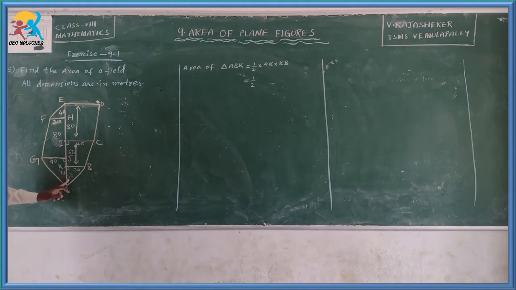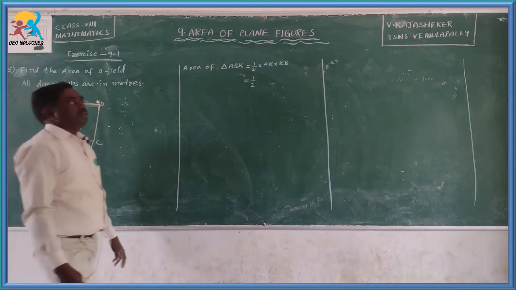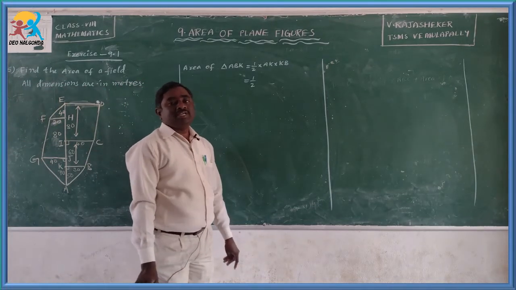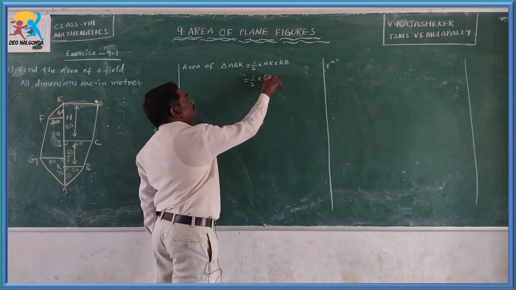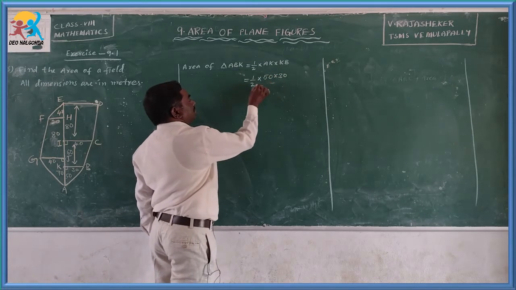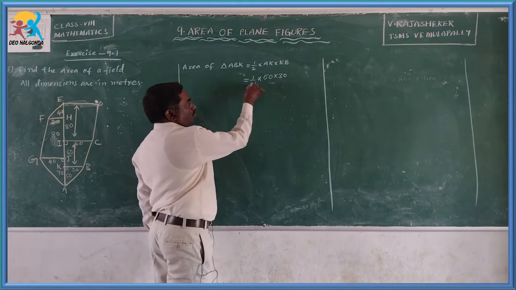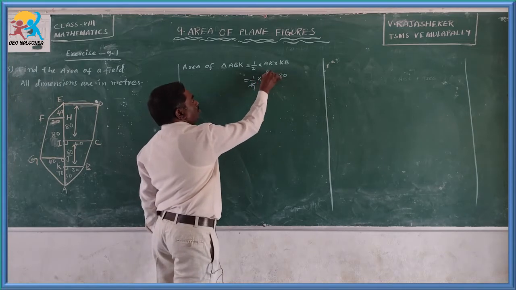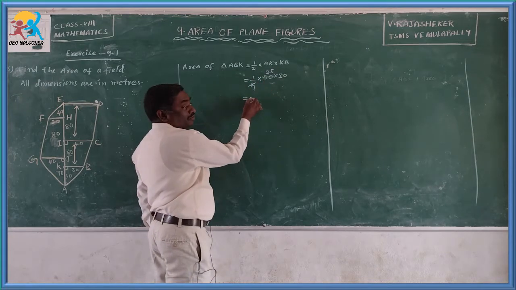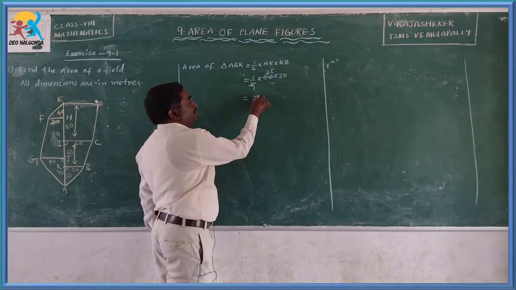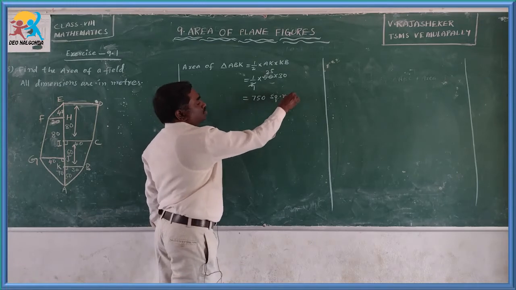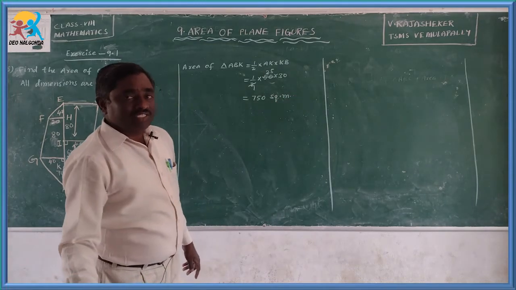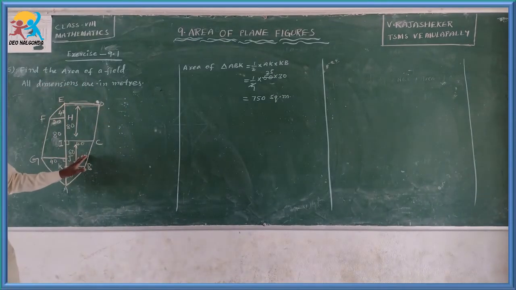AK is 50 and KB is 30. That is half into 50 into 30, which is 750 square meters.